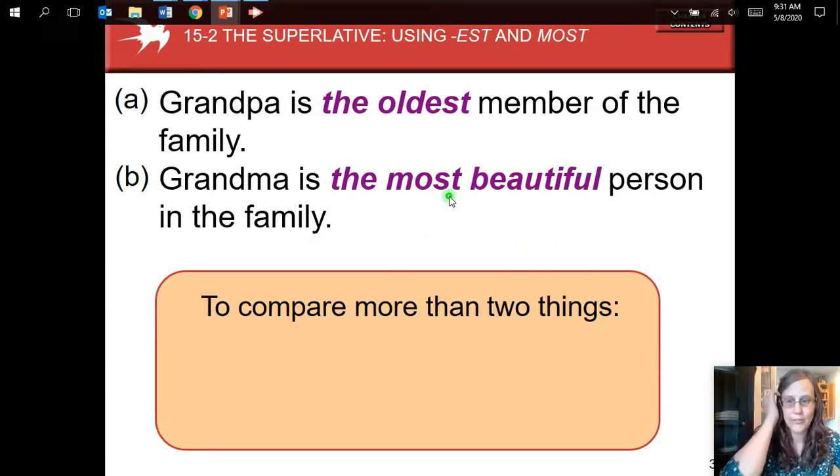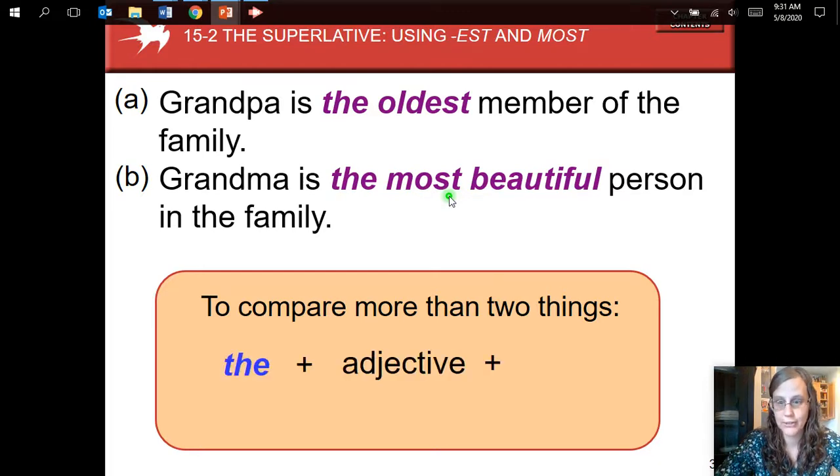Remember, the superlative is when we are comparing more than two things, more than two people, or more than two objects. And so to form the superlative of an adjective, we always need the first.